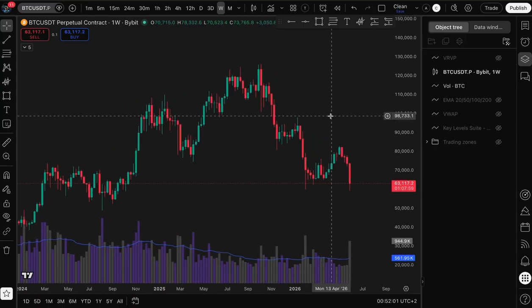So first and foremost, what really is the VWAP? The VWAP is pretty much time, volume, and price. Volume times price. And the good thing about the VWAP is that it takes volume into consideration compared to, for example, EMAs, as many of you use.